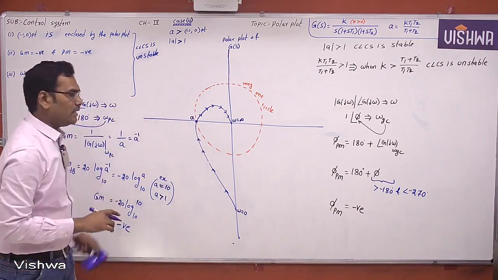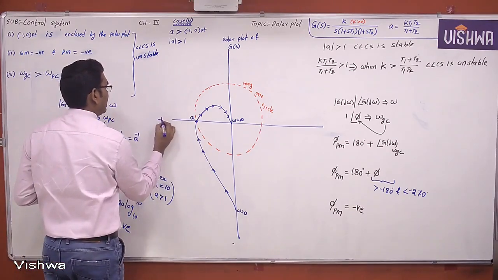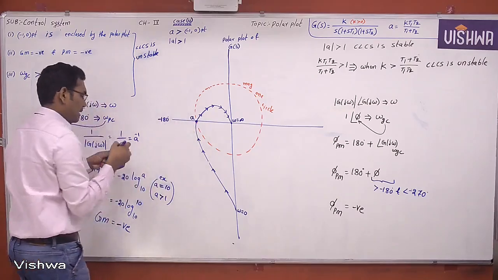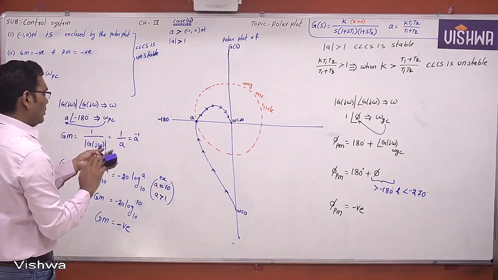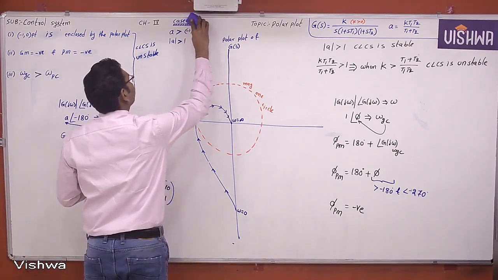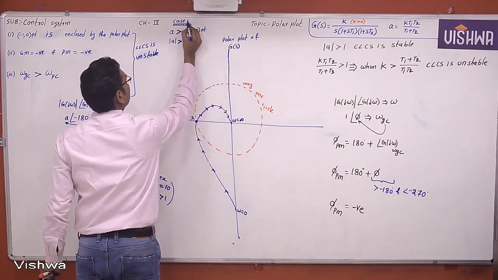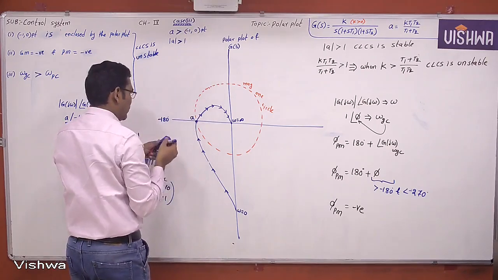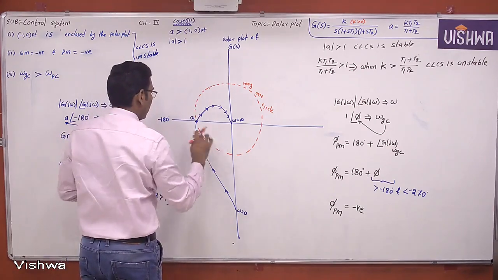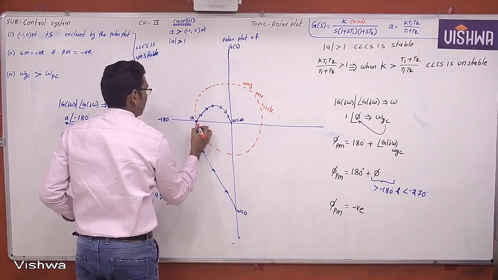There the magnitude is A, and this is the minus 180 degrees line. Now, what is the condition here? Now, exactly, if you observe, this is case 3. Case 3 is nothing but this A. And where is the minus 1 comma 0 point? This is the minus 1 comma 0 point, because this is the magnitude 1 circle.